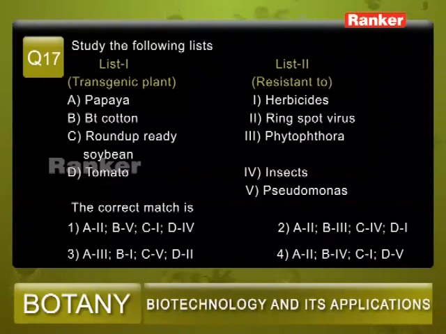Phytophthora, 4. Insects, 5. Pseudomonas. The correct match is: first option A2, B5, C1, D4. Second option A2, B3, C4, D1. Third option A3, B1, C5, D2. Fourth option A2, B4, C1 and D5.